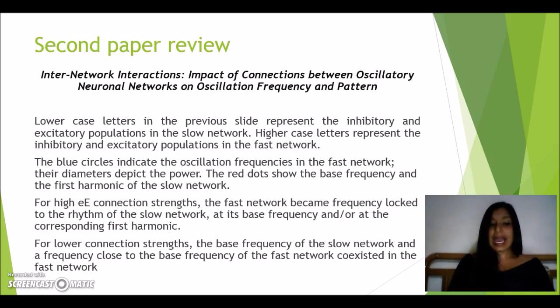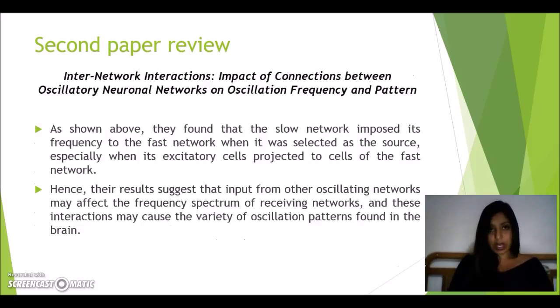Now for high connection strength between excitatory populations of the slow to the fast network, the fast network became frequency locked to the rhythm of the slow network, at its base frequency and or the corresponding first harmonic. Now for lower connection strengths, the base frequency of the slow network and a frequency close to the base frequency of the fast network coexisted in the fast network.